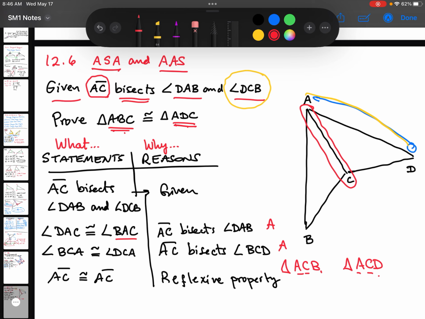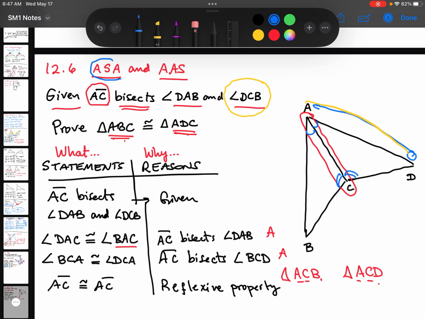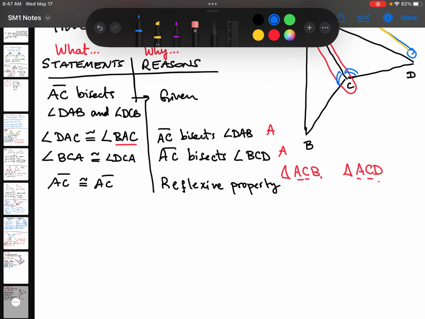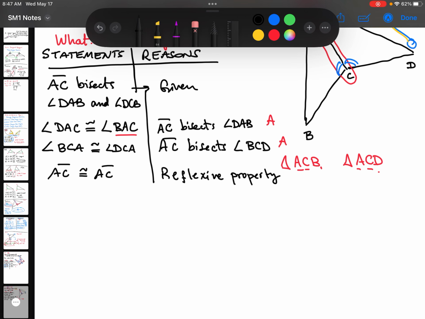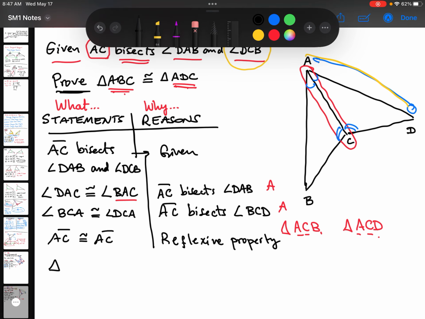This segment AC is in the middle of the congruent angles. So my conclusion is that we're dealing with an ASA theorem here, because that's what we needed to prove.